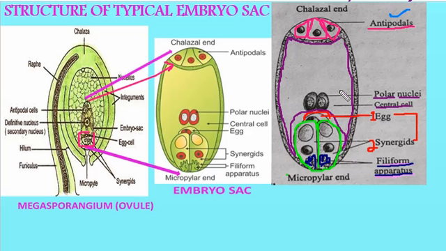okay. So therefore the typical embryo sac in angiosperm is 7-celled 8-nucleate. Which are those 7 cells? 3 antipodals.